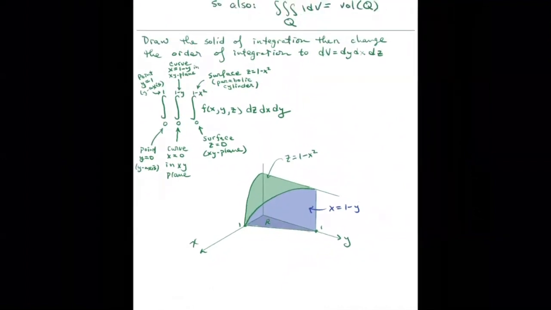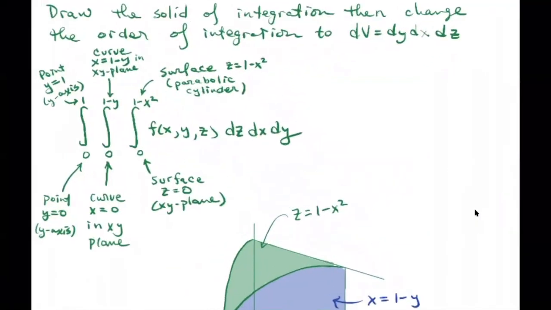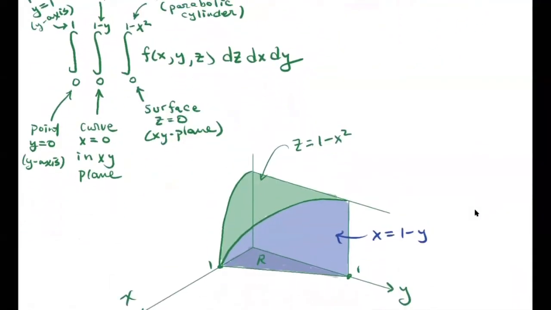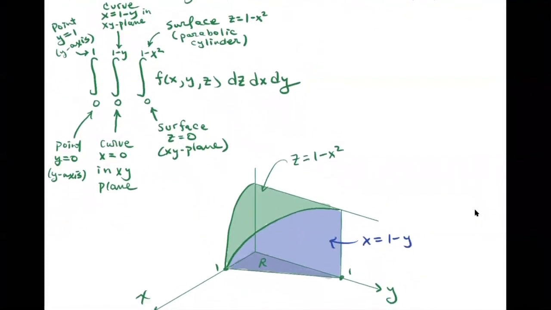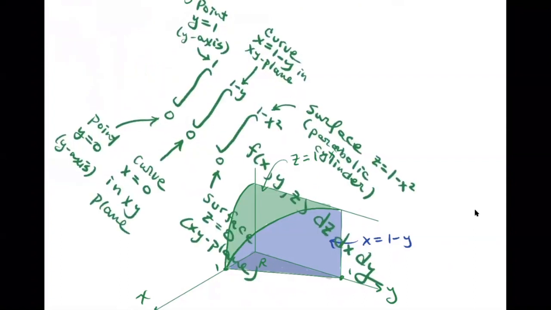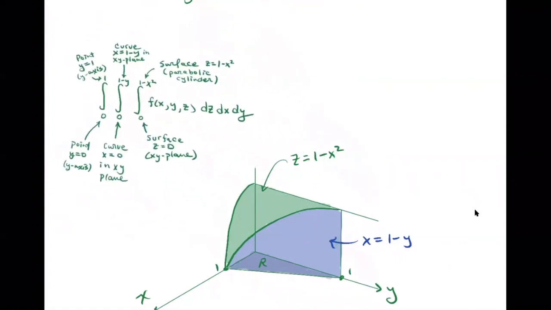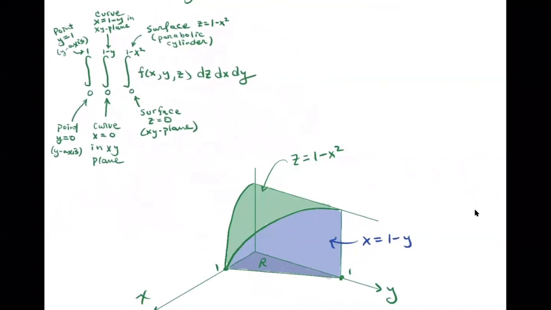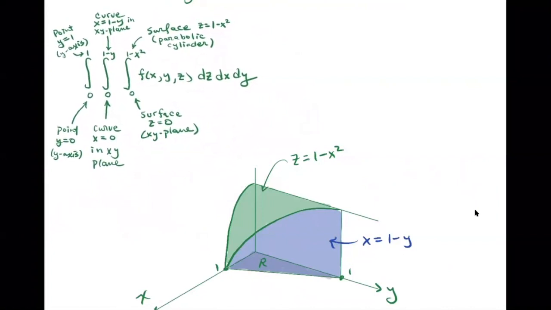Okay, so I need to change the orders of integration around a little bit here. I'm going to try and get all this in. Okay, so let's see if we can pull this off. That was not supposed to happen. Okay.